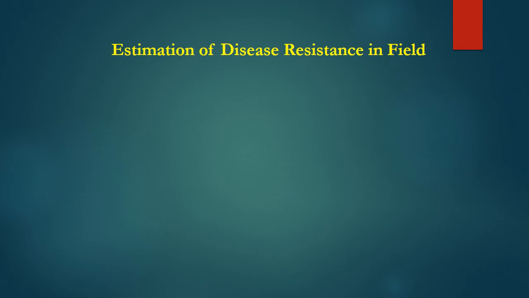Measurement or the estimation of disease resistance in the field has both academic as well as practical importance. That is why estimation of disease resistance in the field is part and parcel of any disease survey program. The information generated from this estimation helps us to understand how much disease is present in the field.